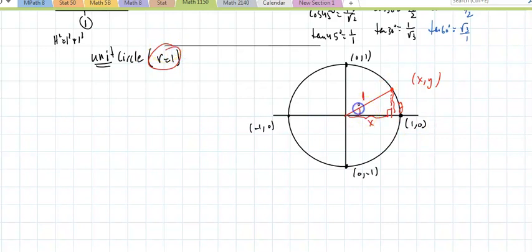And if I look at this angle theta, wouldn't the sine of this angle theta be the opposite over the hypotenuse? And wouldn't you agree that cosine of theta is the adjacent over the hypotenuse?